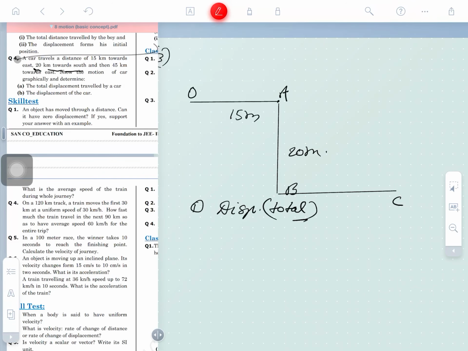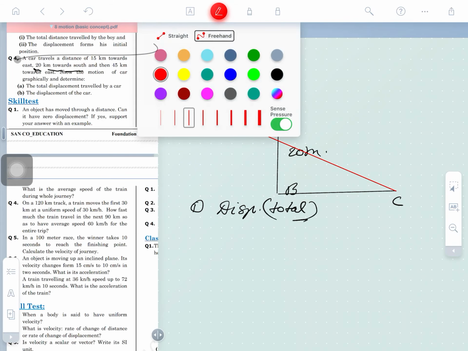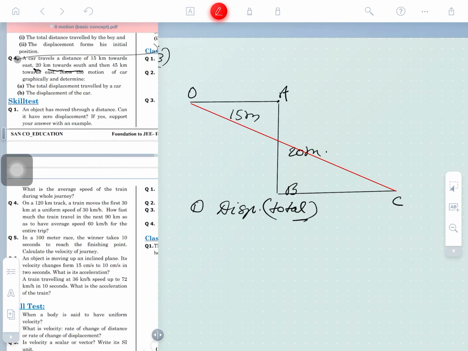Your initial position is O, and it ends its journey at C. So the red line I have drawn here is the displacement. As per the definition, when we are solving numericals, we always have to remember the exact definition. So displacement is OC, and you are to find OC.